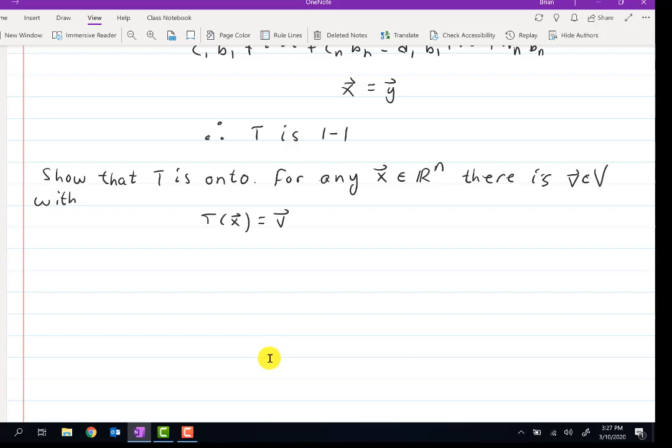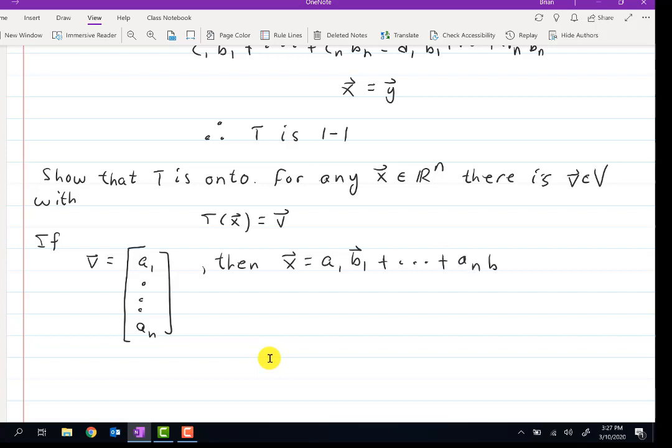Now if the vector v equals, let's say, a1 up to an, then if you make x equal to a1 b1 plus up to an bn, so you apply those as the coefficients, then when I take x and look at its B basis representation, I'll get those coefficients right back.